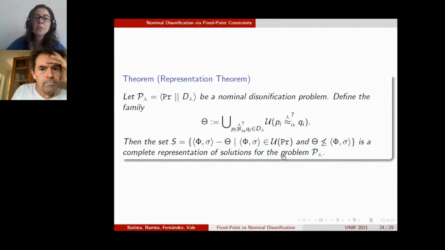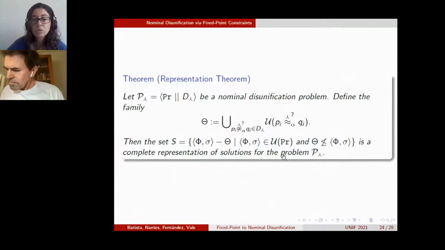So basically, when you have as input a disunification problem that has equational part PR and a disequational part D, first you solve the PR. If there's a solution for the PR, you solve it with unify, and then you look at the associated equations in D, take the theta, and check if phi sigma minus theta is consistent.